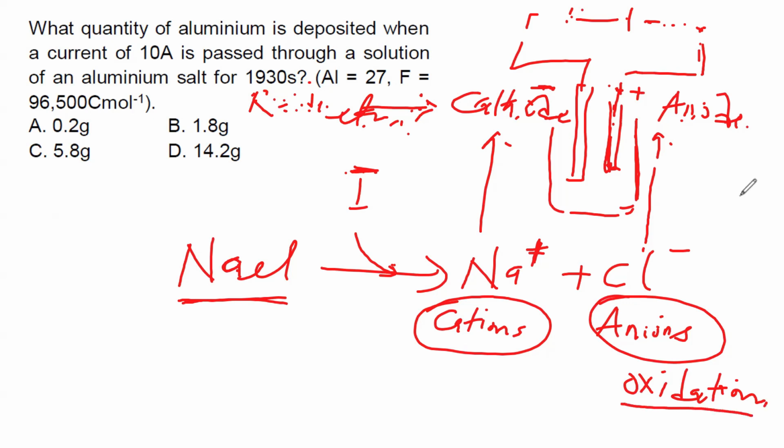And when you say oxidation, it means the loss of electrons. The gaining of electrons is called reduction. So reduction takes place at the cathode.